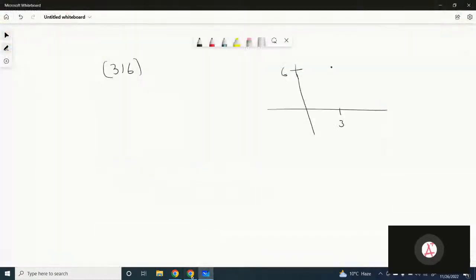Got it? Let's just move 6 units left. 1, 2, 3, 4, 5, 6. That means you have moved from here to here, 6 units left. So now the new values are -3 and 6. You just change the x value. They are -3 and 6.